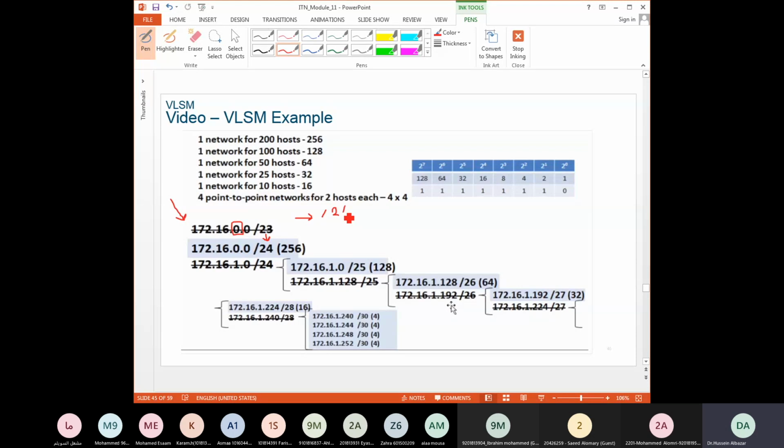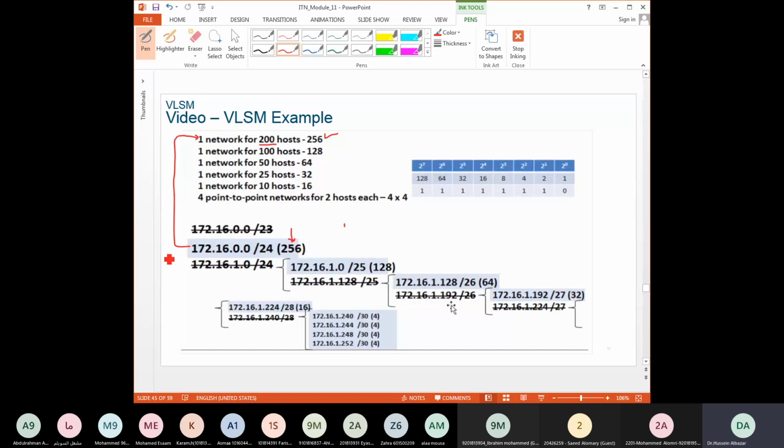So we have 172.16.0.0 and 172.16.1.0. Okay. Now we can allocate the first subnet for the first network. We need 200 hosts, and this network will have 256 host addresses. So we're done with the first requirement.